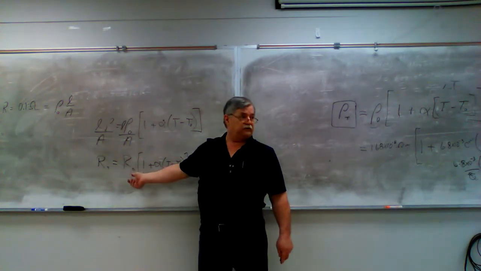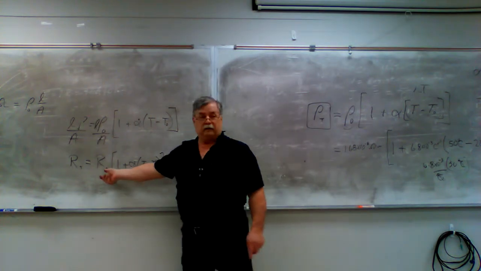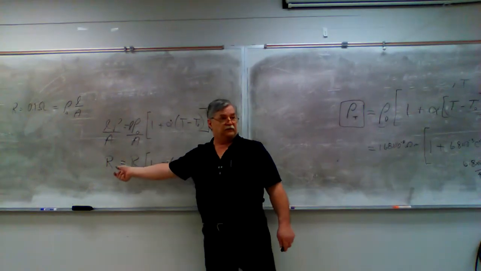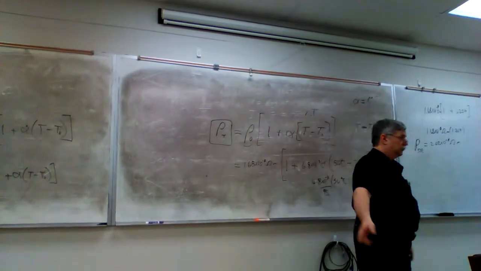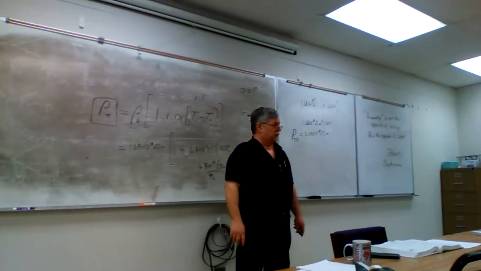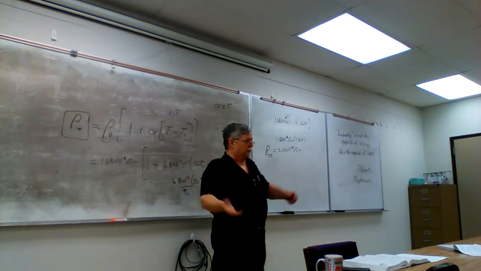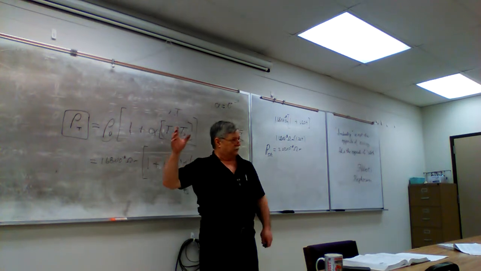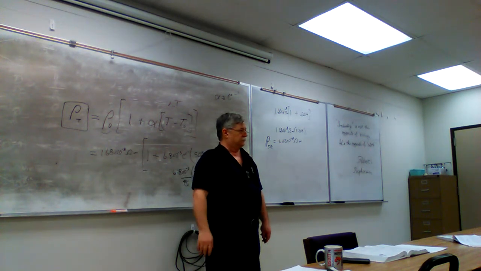If you're given the resistance, you can find out how much the resistance is going to change by applying this directly to the resistance and get the new resistance. You don't have to calculate the area and the length and do all of that to convert resistivity into resistance. You see what I'm saying?